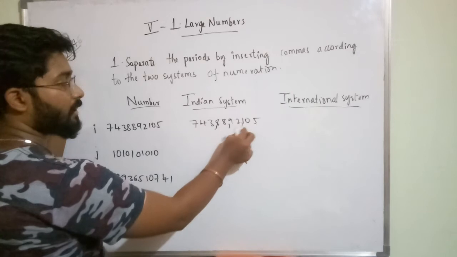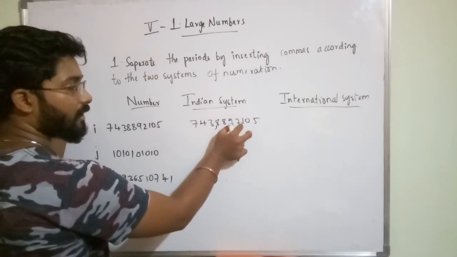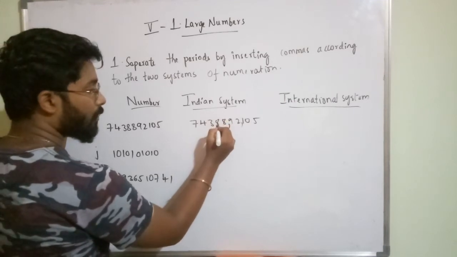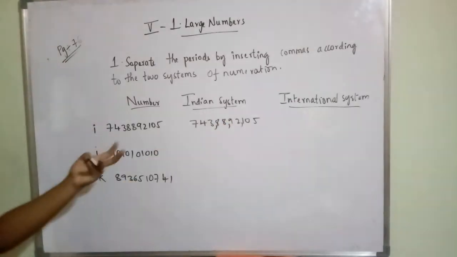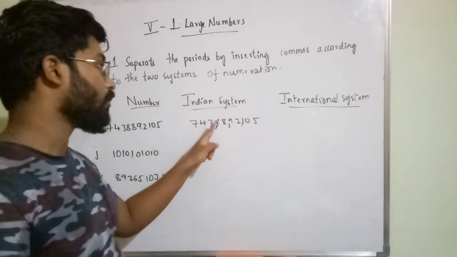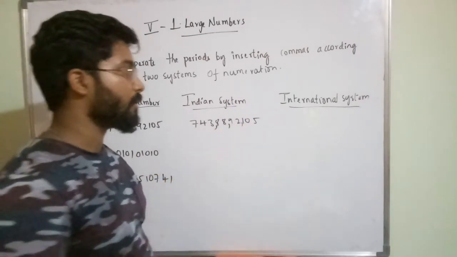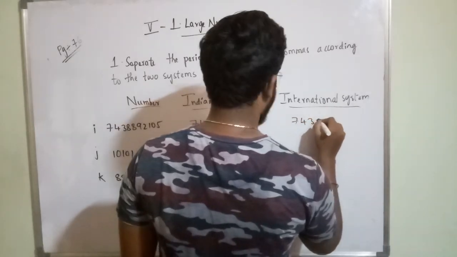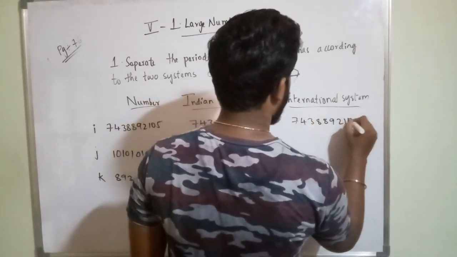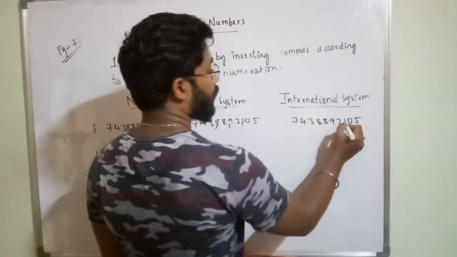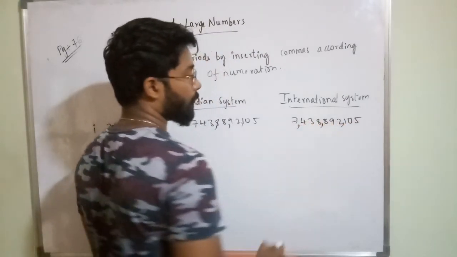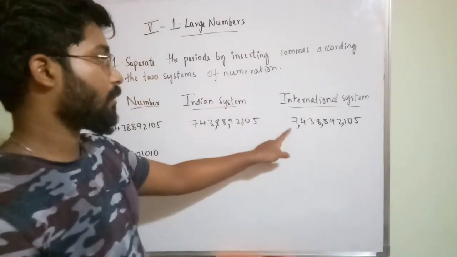So what is the number? 743 crore 88 lakh 92,105. Okay, so the same number in the international system: 74,388,922,105. After 3 digits one comma, after 3 digits one comma, after 3 digits one comma. So what is the number?